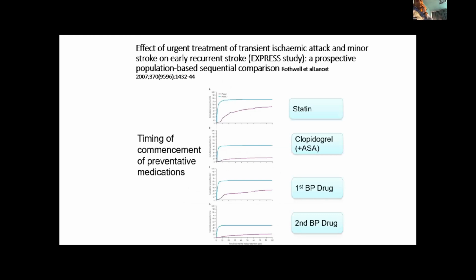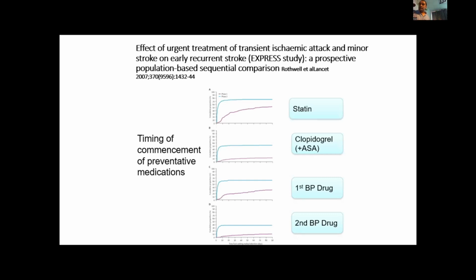And this EXPRESS study is quite a nice study, and what they found was if a TIA were to present through a GP or through the front door of an emergency department, and you're able to intervene with the strategies that we're all aware of, whether that be a statin, an antiplatelet, and an antihypertensive drug, that has a major impact on their future.